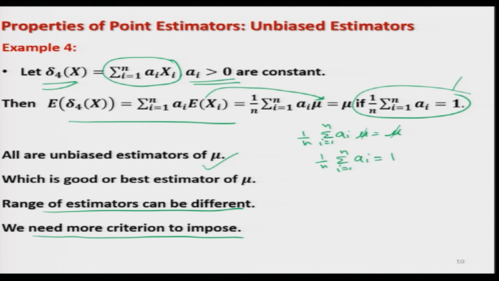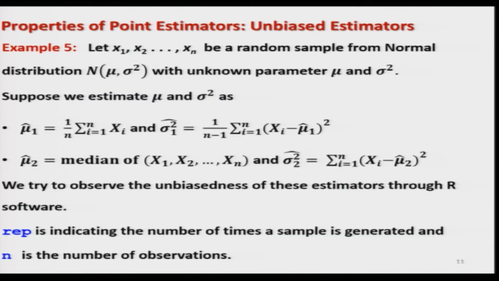Okay. So, now let me take a very simple example, and I will try to show you on the basis of our software how these things look when you are trying to establish whether the property of unbiasedness holds for an estimator or not.